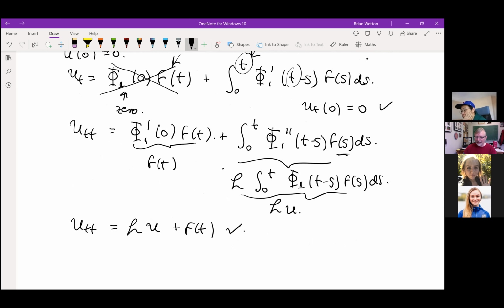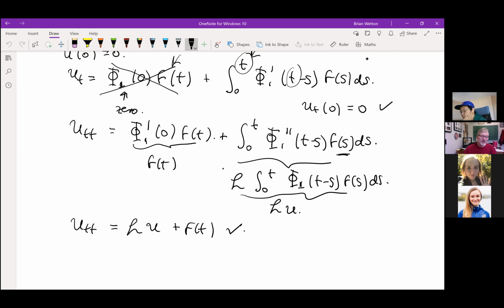Okay, so this is a formal derivation of Duhamel's principle for second order equations in time.